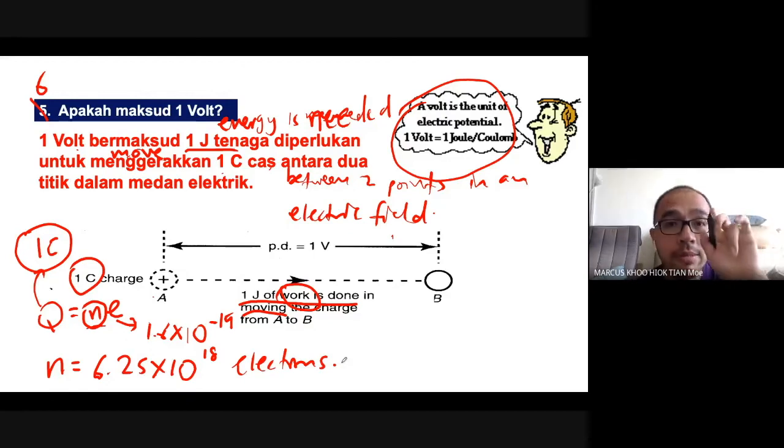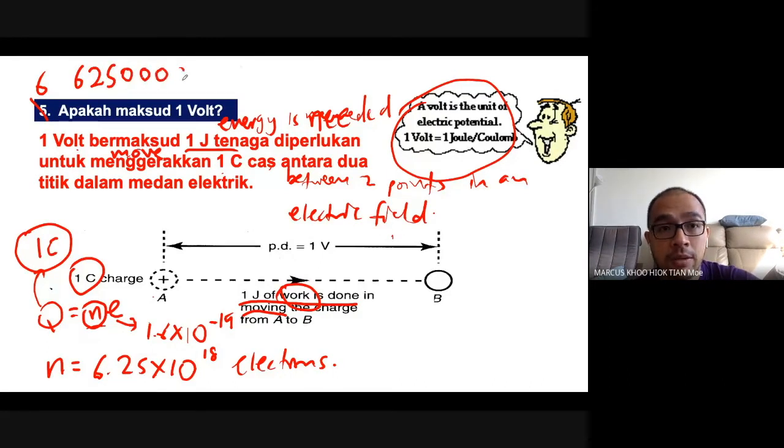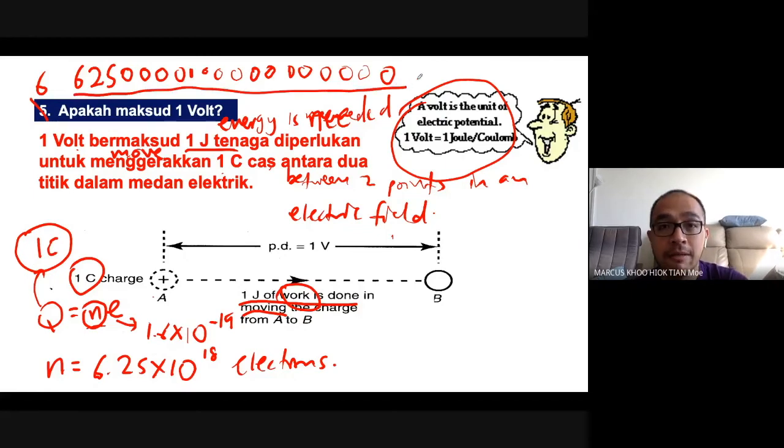Okay, dalam 1 coulomb charge, ada 6.25 darab 10 kuasa 18. Can you imagine 18? 625 and 16 zeros at the back. 1 coulomb of charge has this amount of electrons inside.